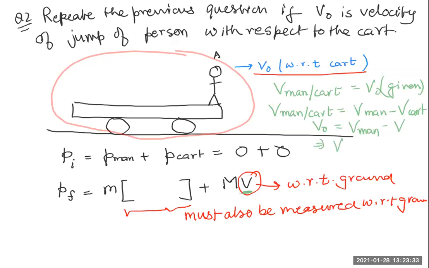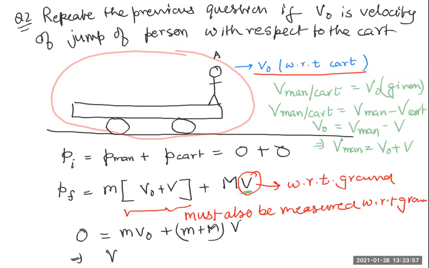So this means that velocity of man with respect to the ground must be equal to v naught plus V, and that is what I will write here. So 0 initial momentum is equal to final momentum, m(v naught plus V) plus mV. This tells me that V is equal to minus m v naught by (m plus m).